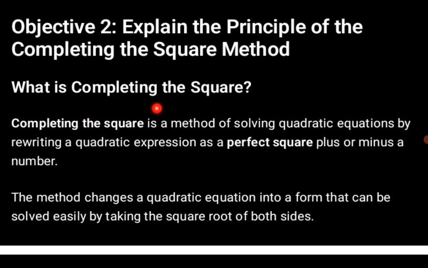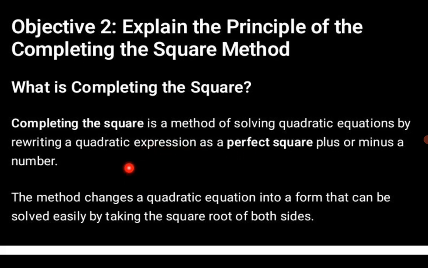So what is completing the square? What does it mean? Completing the square is a method of solving quadratic equations by rewriting a quadratic expression as a perfect square, plus or minus a number.